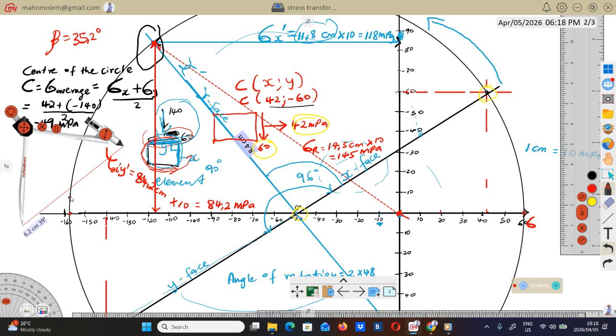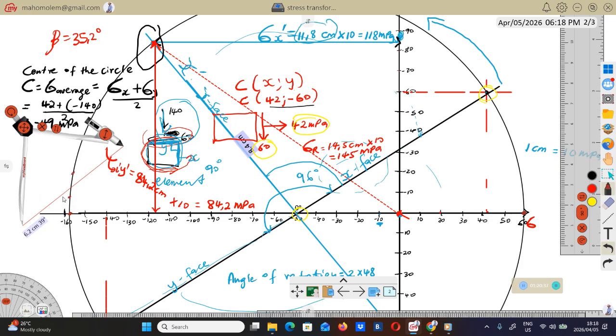Remember, this point on the circle represents the normal stress and the shear stress in the element if it's rotated at a certain specific angle. Even this point here represents the state of stresses in an element inclined at a certain angle.